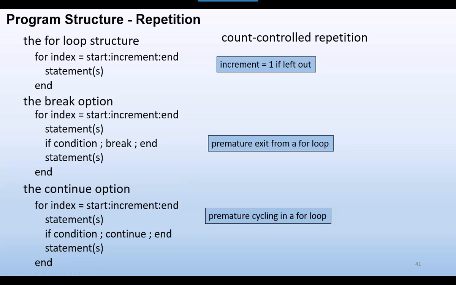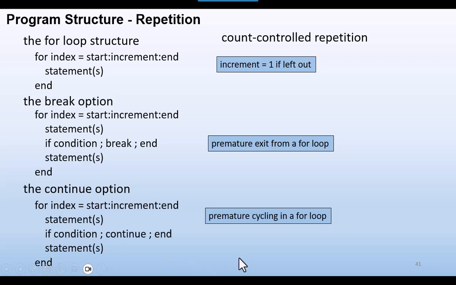And then the third is what we call the continue option. And this is for premature cycling for a loop. So we have a test in the loop that if it's true, it will just continue to the next cycle of the loop. If it's false, it will execute some statements before it does that.